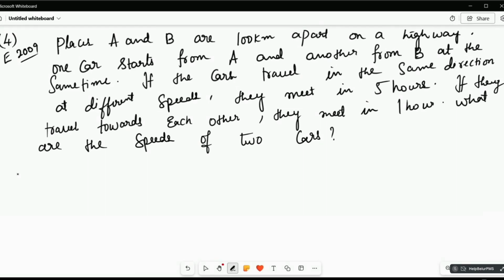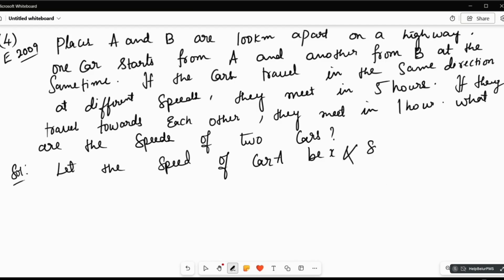Okay, this is a question. So just state, let the speed of car A be x and speed of car B be y.